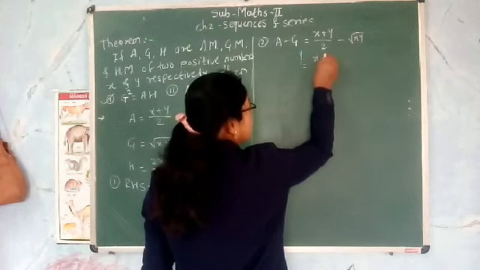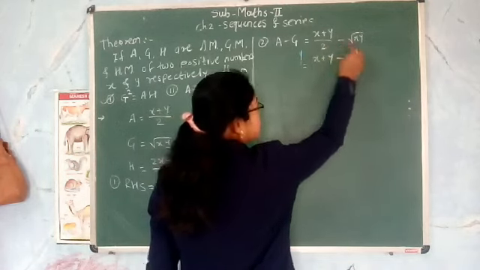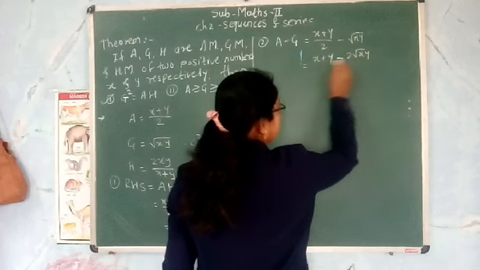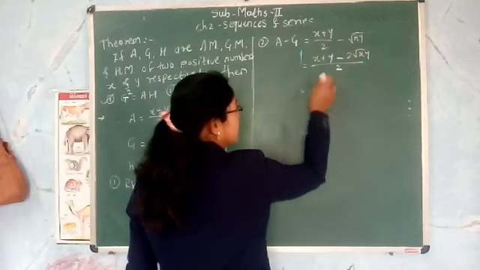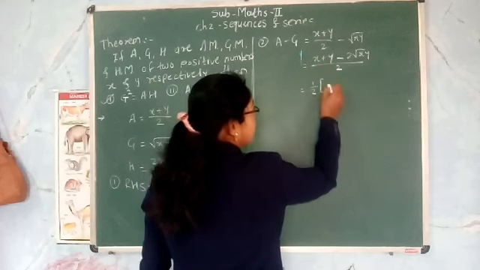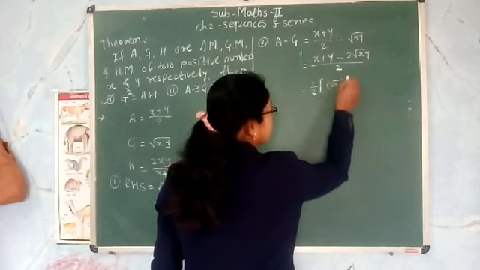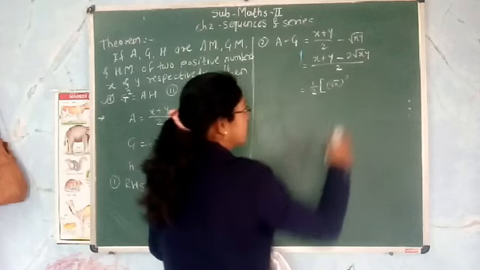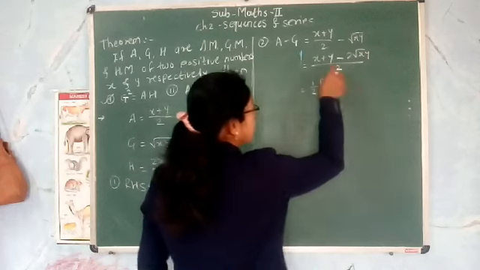Cross multiplication correct. x plus y minus 2 into under root of xy divided by 2. This 1 upon 2 will take outside. We can write x as root x square. Okay, step by step learn.